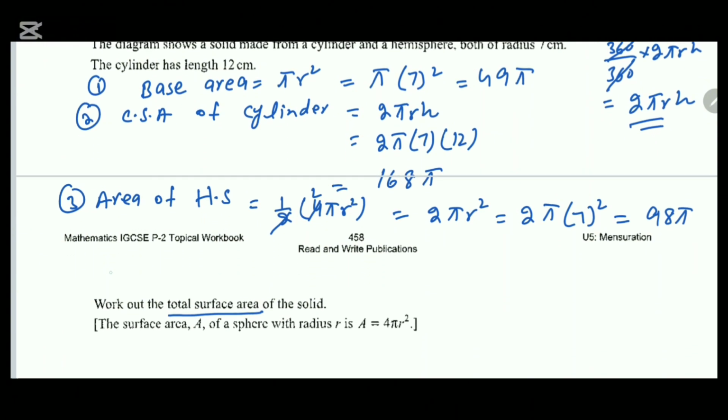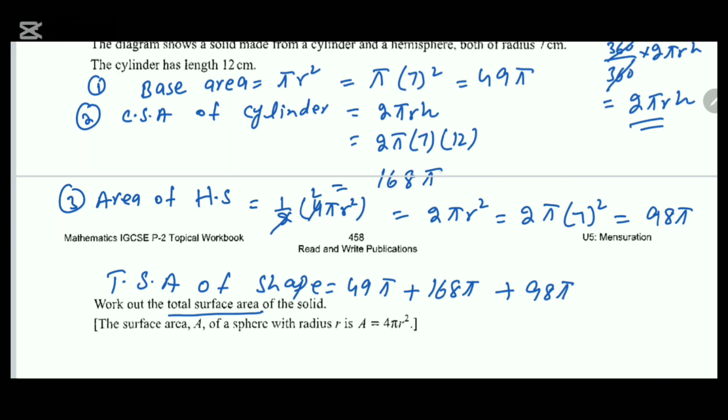Now total surface area. Total surface area of the shape is equal to 49 pi plus 168 pi plus 98 pi. It's up to you. You can solve this along with pi as well, or you can find the final value and then add all the final values.